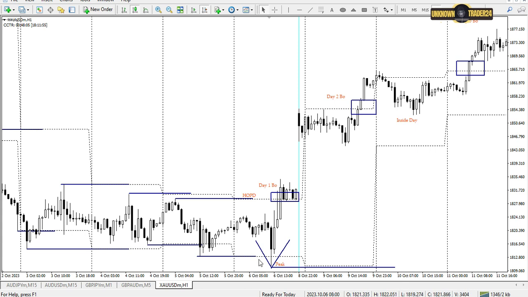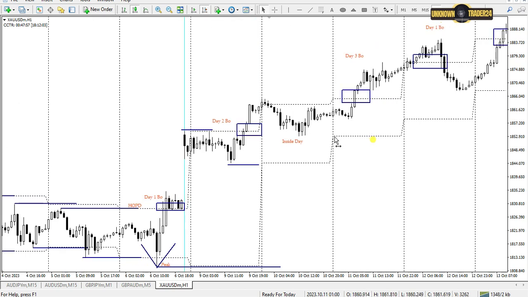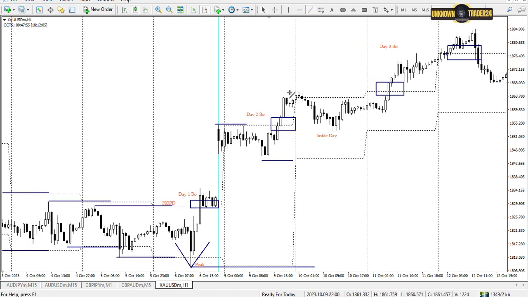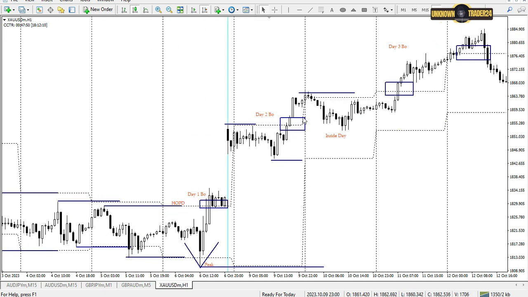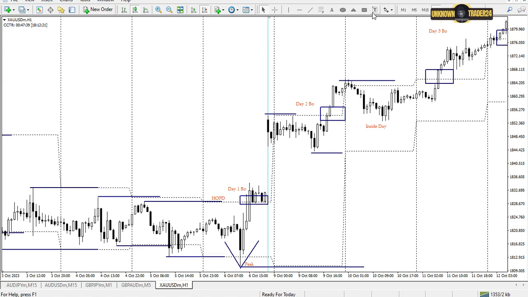They make a low, they make a high, they come and make a low, and then they make a high. We are on a 1 hour time frame, remember, and we only have a high when the previous high has been broken. Let me show you something, and this is important. Please, you must understand this.